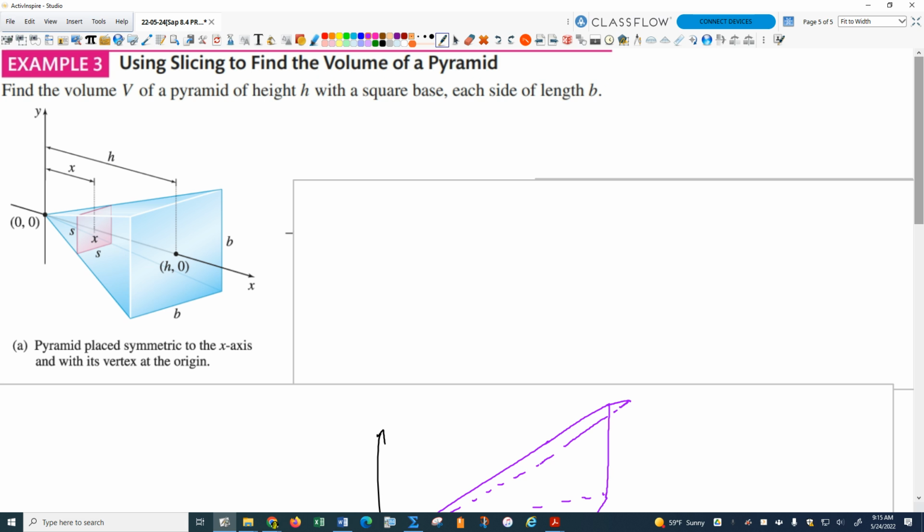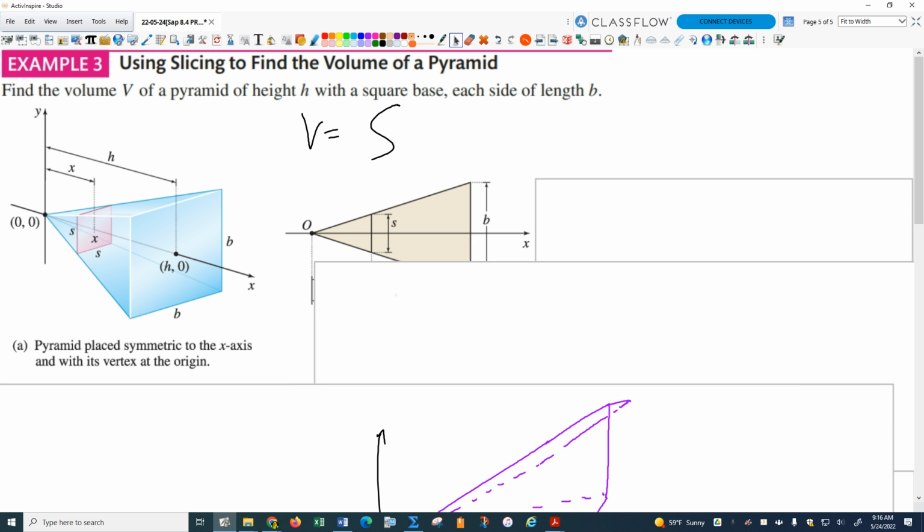Okay, so then what's the cross-sectional area going to be if we want to set up this integral? What's A of x going to be? Gotta use a ratio, don't we? Yeah, gotta use a ratio. So what do we got here?